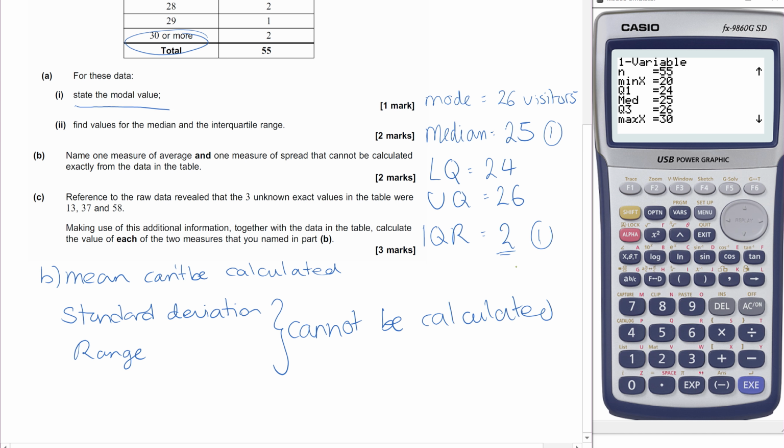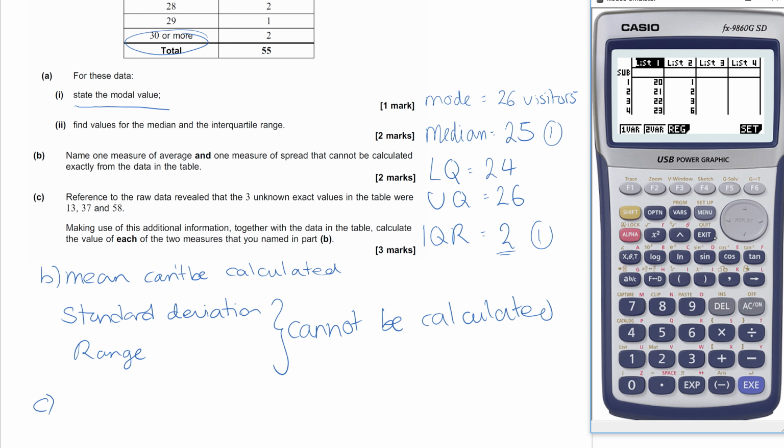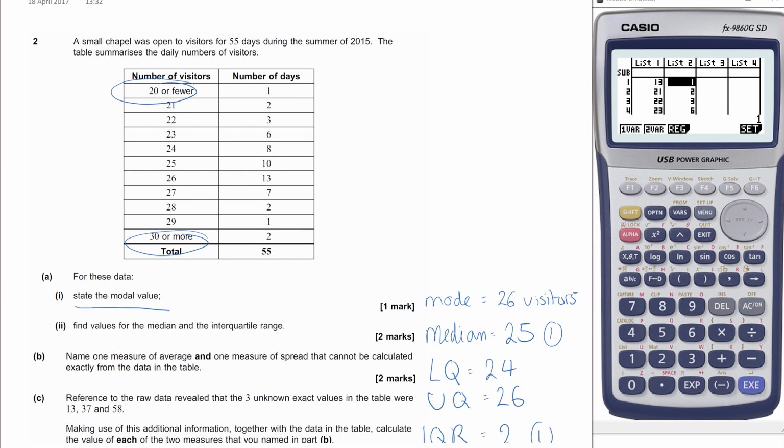Now for part C, reference to the raw data revealed that the 3 unknown exact values in the table were 13, 37 and 58. So what I'm going to do is I'm going to come back in here and change my first one to 13. That value that was smaller, fewer than 20, that we didn't know, is now a 13.